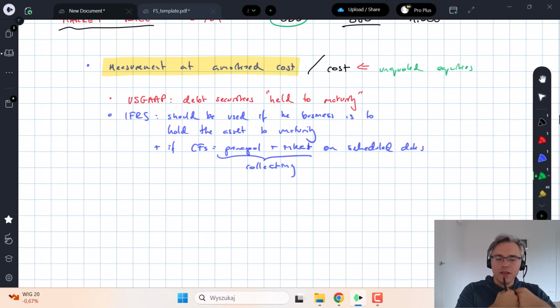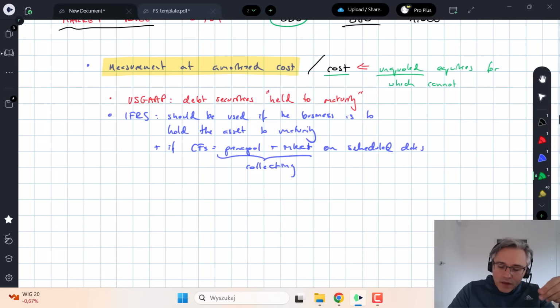But if you've got a share in your portfolio which is unlisted, so let's say it's a private equity investment, and you claim, or you can prove to your auditor that it would be impossible to reliably measure the fair value of that instrument, you are then able to report it at cost.